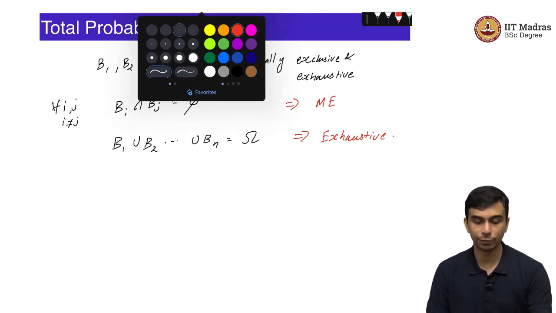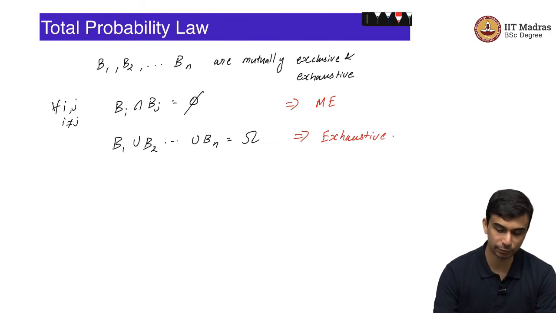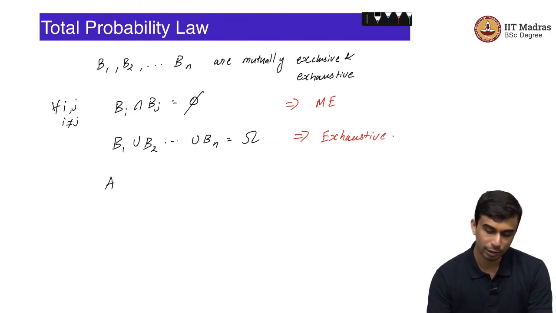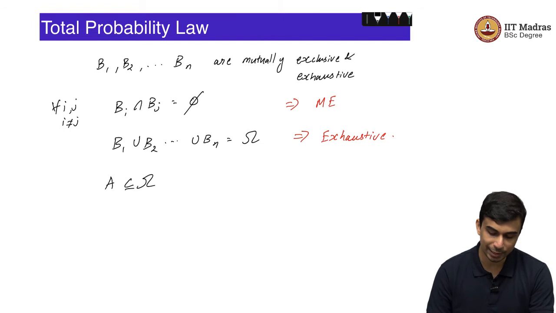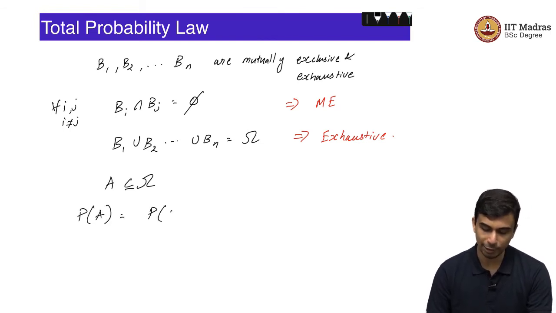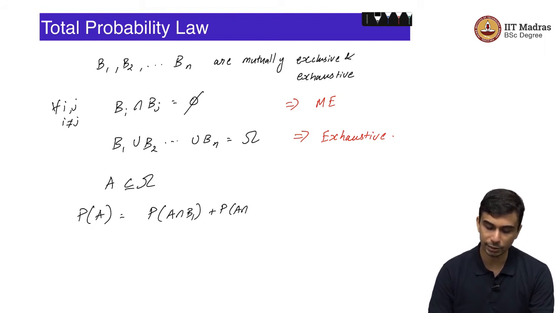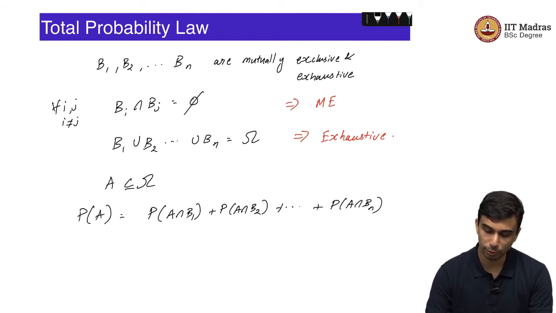So if you have a collection of events which are mutually exclusive and exhaustive, B1 to Bn, and let us say you have another event A in omega, we can write probability of A as equal to probability of A intersection B1 plus probability of A intersection B2 plus dot dot dot plus probability of A intersection Bn.